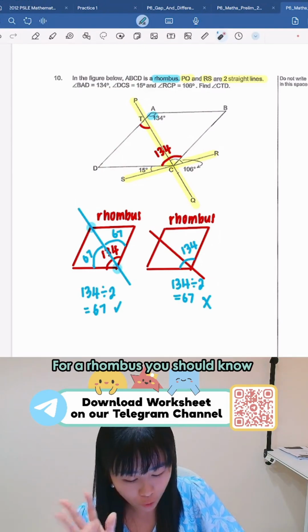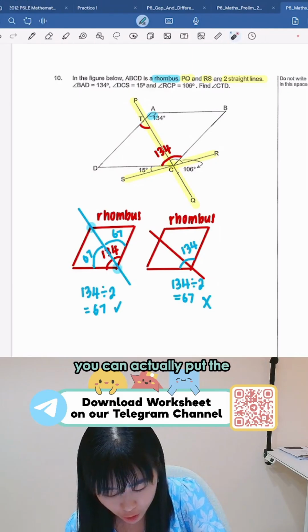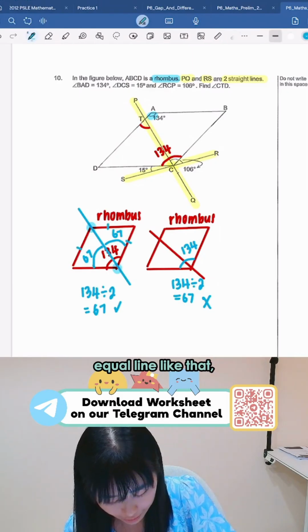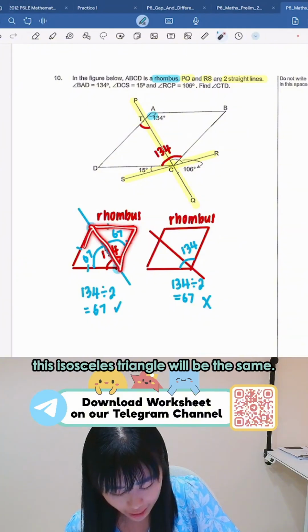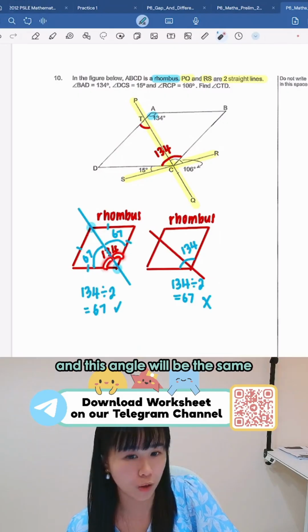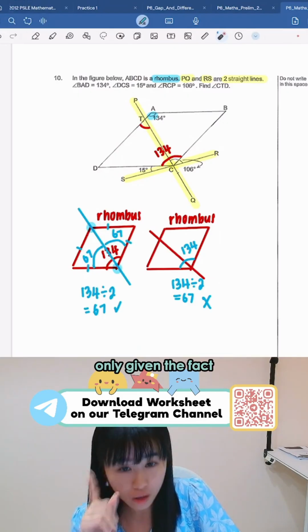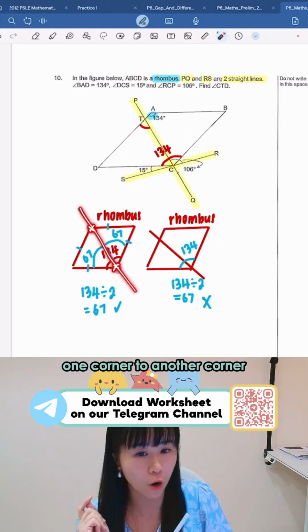For a rhombus, you should know the sides are equal, so you can put equal lines like that. So it's an isosceles triangle. In fact, this isosceles triangle and this isosceles triangle will be the same. That also means this angle here and this angle will be the same. Only given that your diagonal cuts from one corner to another corner does it work.